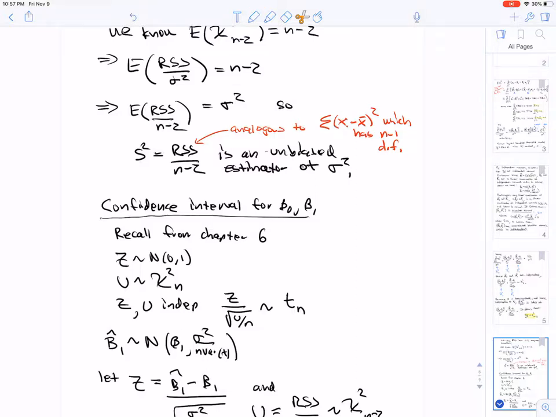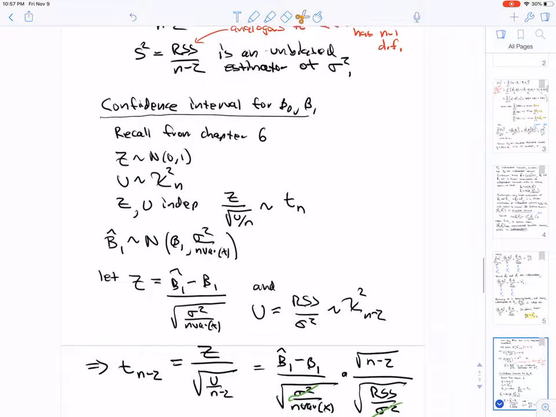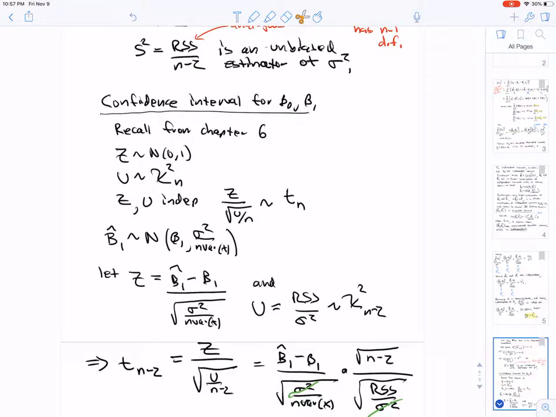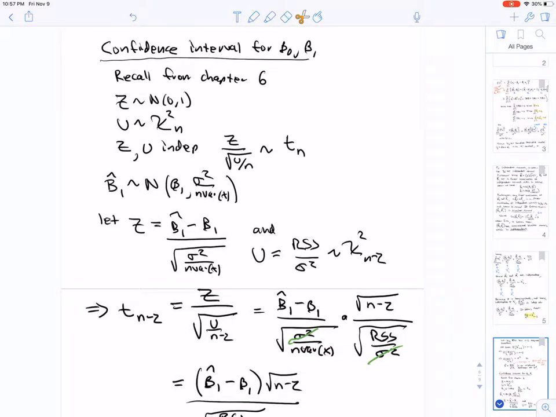So recall from chapter 6 what a t-distribution is. It's a ratio of a standard normal and the square root of a chi-squared with n degrees of freedom over n. I'm going to make my standard normal using beta 1 hat and my chi-squared using RSS over sigma squared.